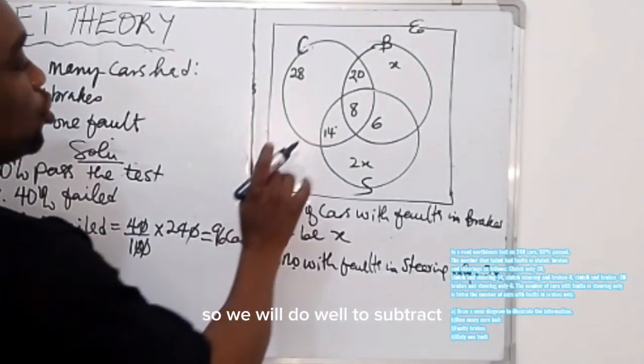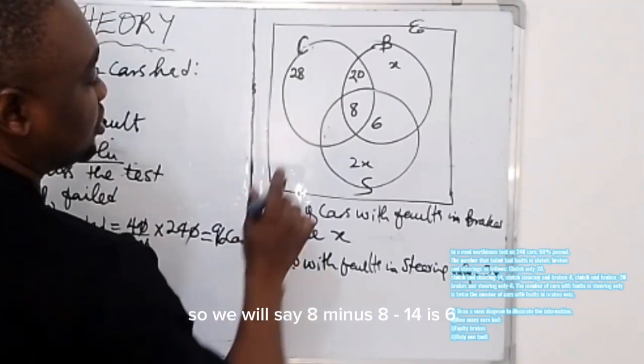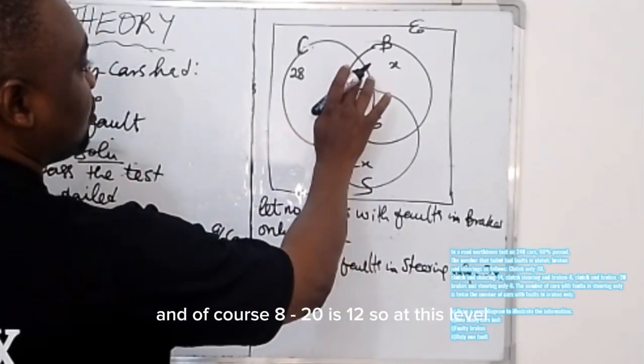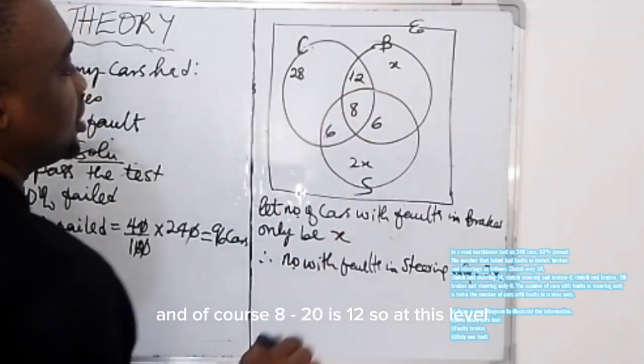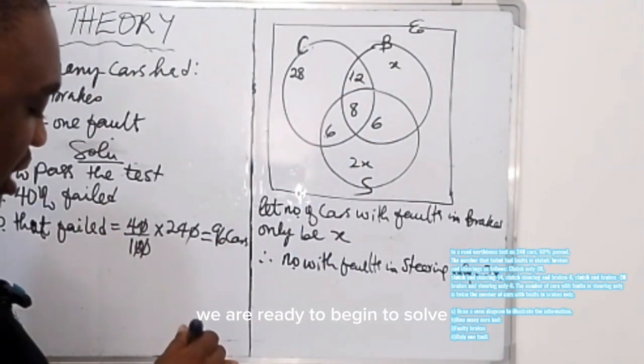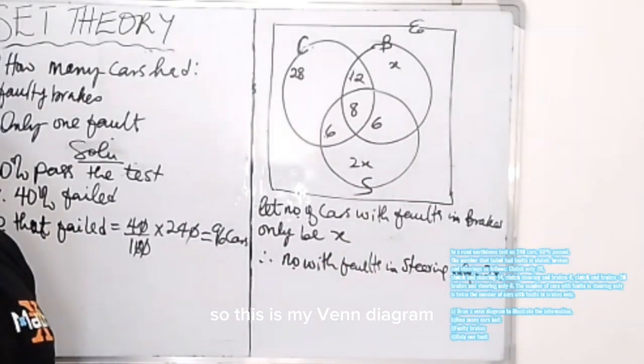So we will do well to subtract. So 14 minus 8 is 6, and of course 20 minus 8 is 12. So at this level we are ready to begin to solve. So this is my Venn diagram.